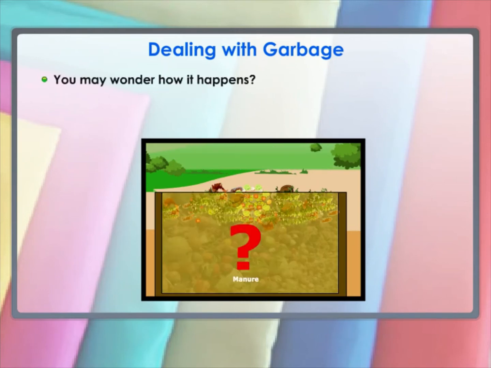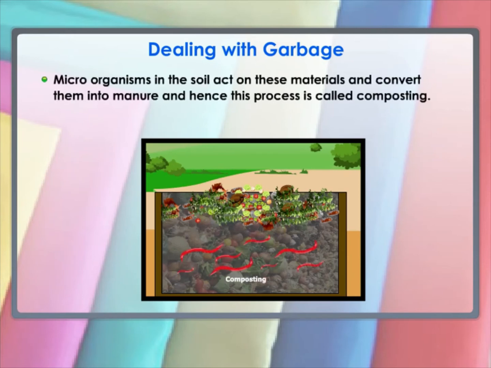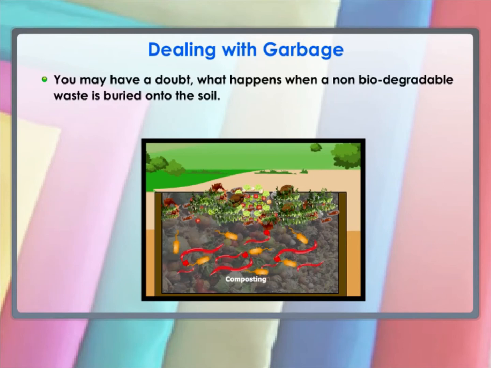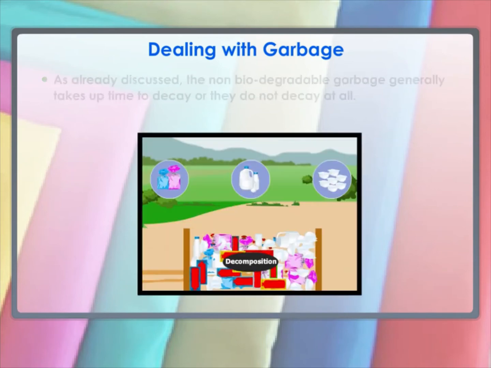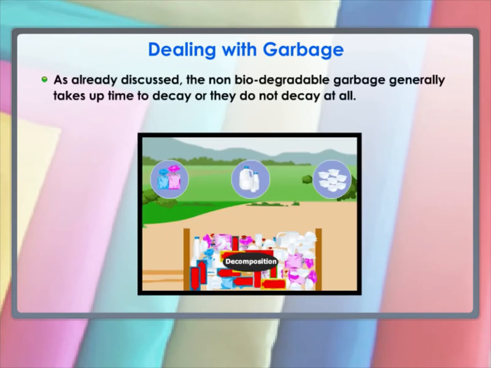You may wonder how it happens. Microorganisms in the soil act on these materials and convert them into manure, and hence this process is called composting. You may have a doubt. What happens when non-biodegradable waste is buried in the soil? As already discussed, non-biodegradable garbage generally takes a long time to decay, or it does not decay at all.